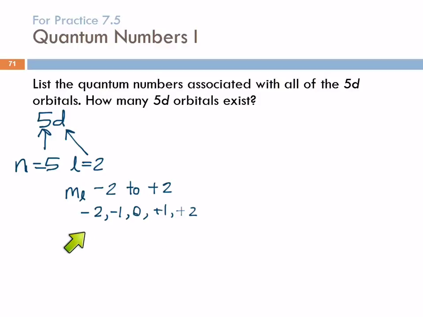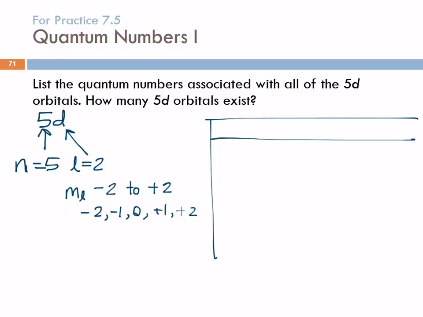So how many 5D orbitals are there? 5. The 5 comes not from this 5, but from the fact that it's D, and these are the possibilities. So we could list the numbers. Maybe let's make a table: n, l, and m sub l.